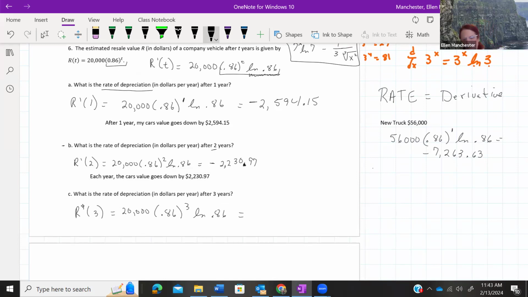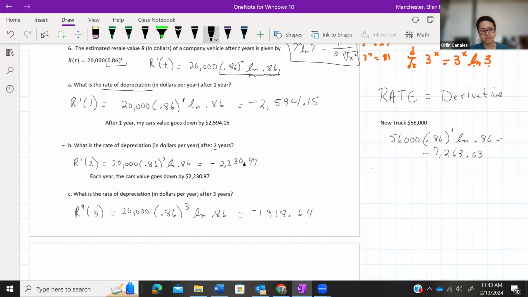And again, your answer should be negative. And this is where you'll have to use your hat key. Is it negative 1,918.63? So 1918.64, because the 6 makes the 3 go up 1.